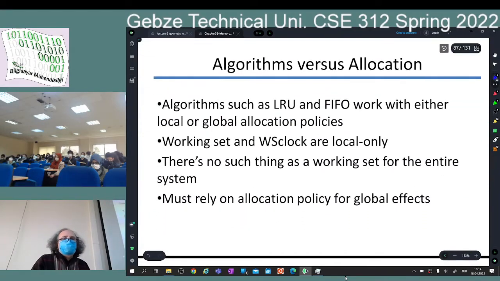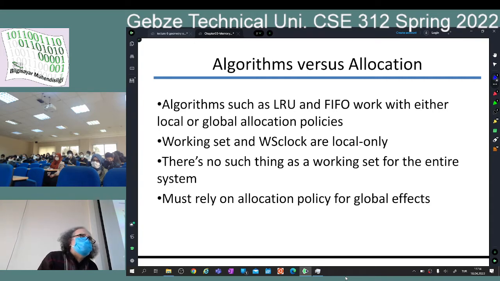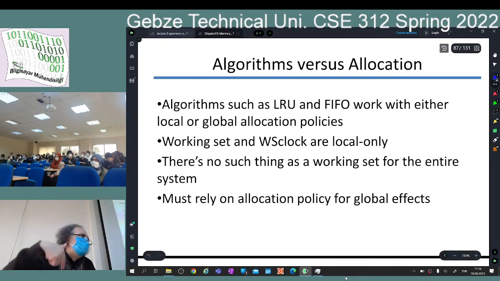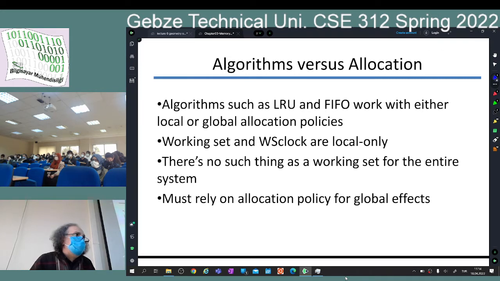Okay, so algorithms such as LRU and FIFO work with either global or local allocation policies. Remember the LRU, least recently used? It says that whoever is being used least, okay? Or FIFO chooses the oldest one. So I can do this either on a global basis or a local basis, because for the FIFO I am looking at the oldest page.